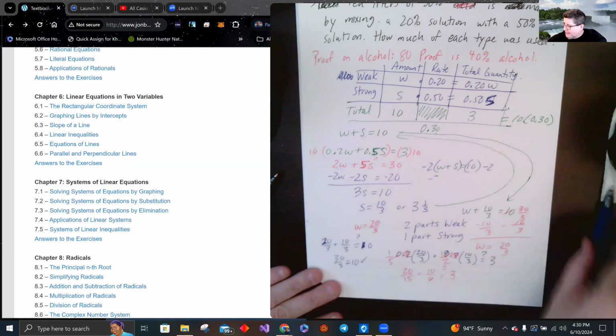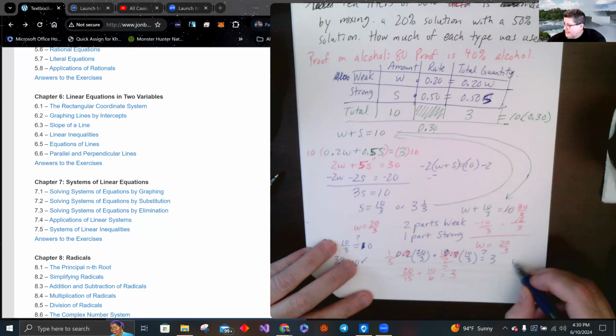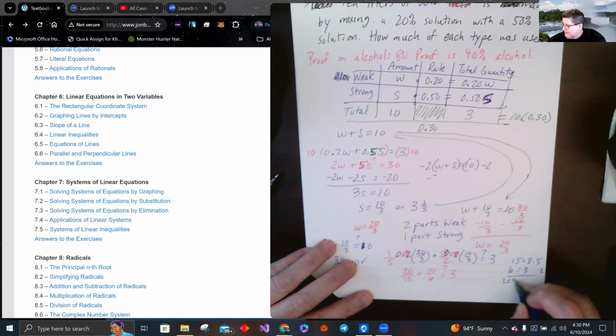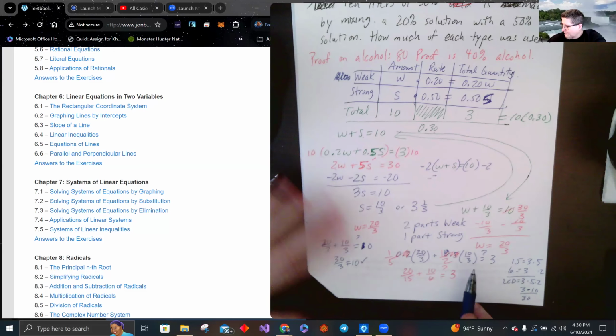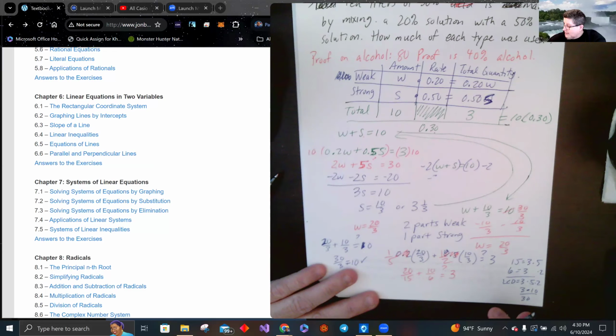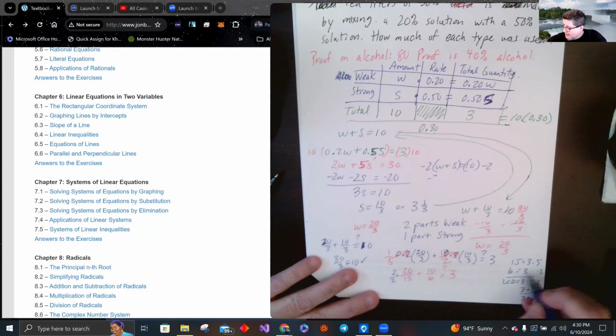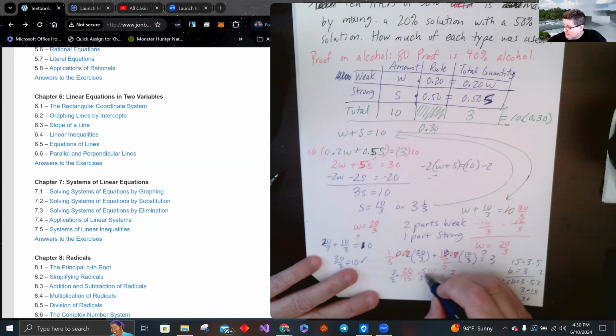So let's get a common denominator. 15 is 3 times 5, and 6 is 3 times 2. The LCD would be 3 times 5 times 2, which is 30. That shouldn't be a surprise. We had 30 for everything up there. So I need to multiply this by 2 over 2, and this by 5 over 5.